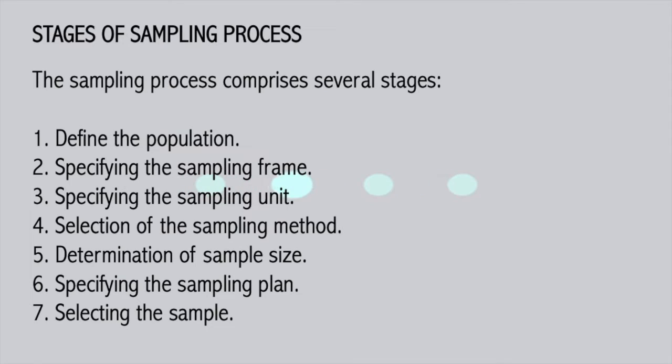Number five, determination of sample size. The sample size calculation depends primarily on the type of sampling designs used. However, for all sampling designs, the estimates for the expected sample characteristics, for example, the mean, the proportion, or the total, the desired level of certainty, the level of precision, must be clearly specified in advance.